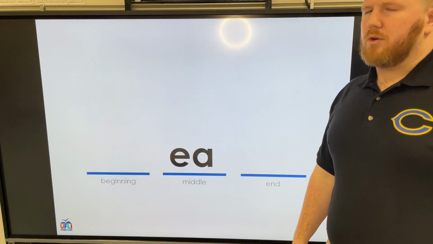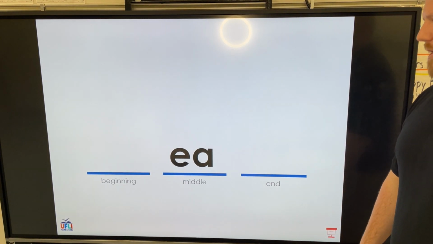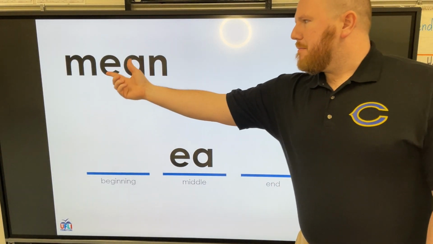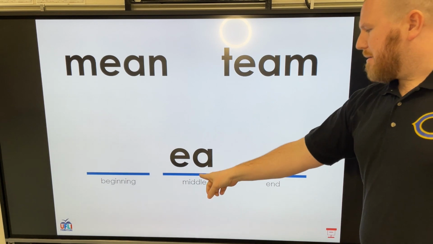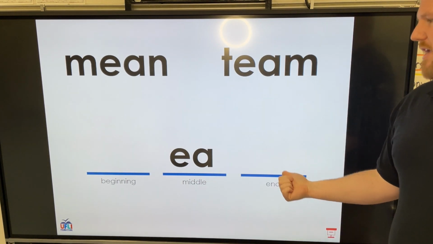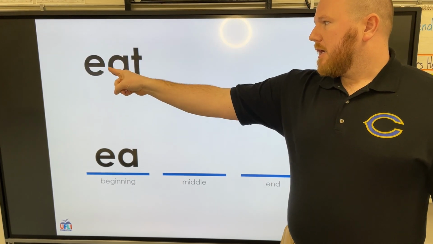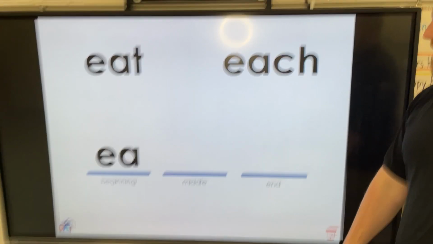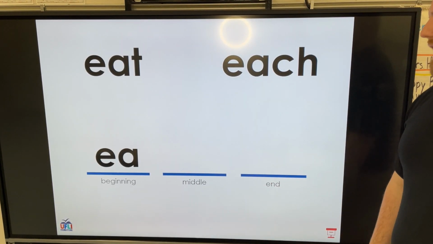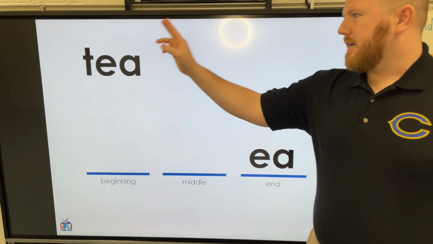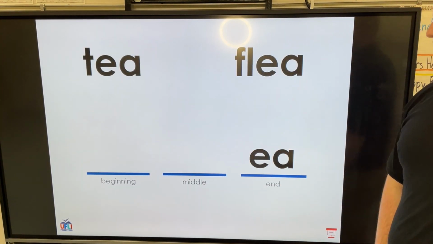You might find 1 or 2 words where it's at the very beginning, but not very much. So let's look at EA, mean and team in the middle. But you can also find it at the beginning, like in the words eat and each. And you might find it at the end of words like tea and flee.